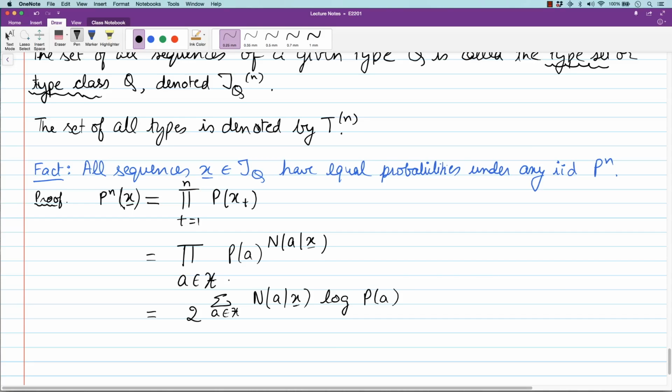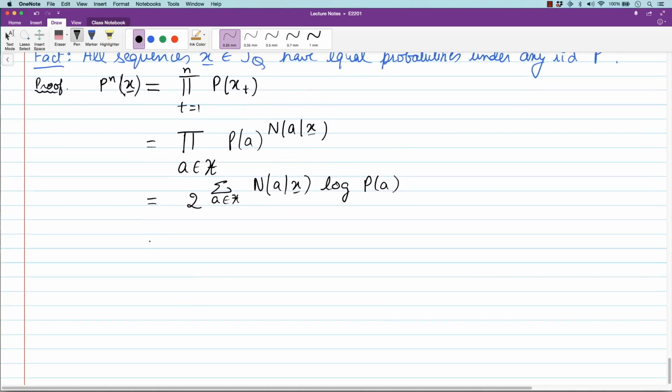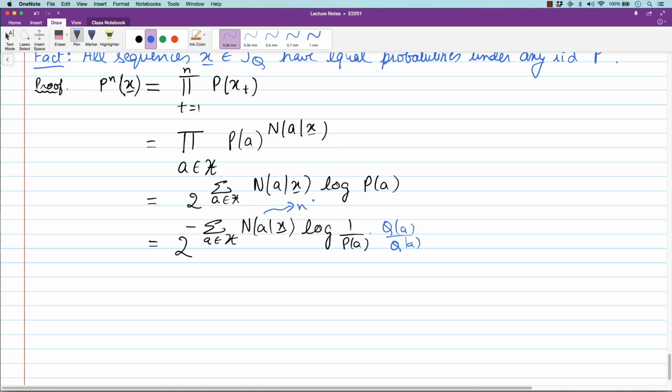Okay, that's interesting. So this is also equal to 2 to the power, I'll put a minus here, summation of nA x log 1 by PA, and I will multiply and divide by this QA. By the way, this nA is n times QA.